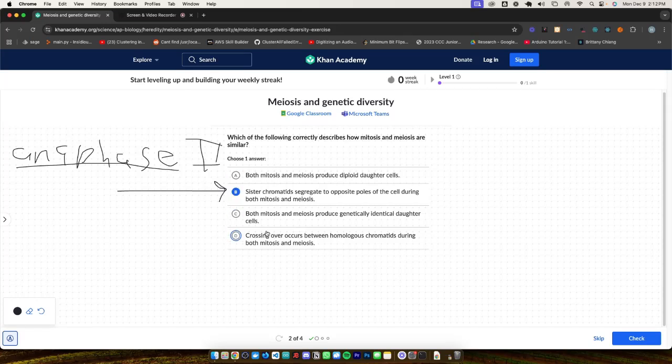Let's go ahead and check out the other options and understand why they aren't correctly describing the similarity between these two cell division processes. Both mitosis and meiosis produce genetically identical daughter cells. That is not true because in meiosis, you have something called chromosomal crossover.